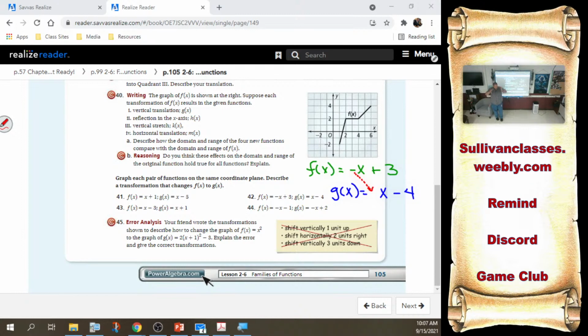Do you see parentheses around the x? No. So is it in the A spot or the B spot? A. And A, when it changes signs, when it's negated, is a vertical or x-axis reflection.